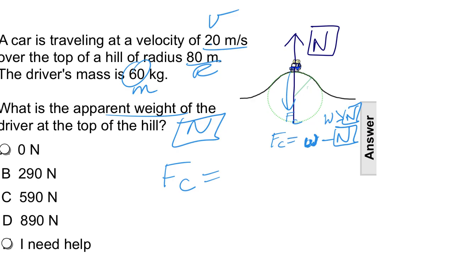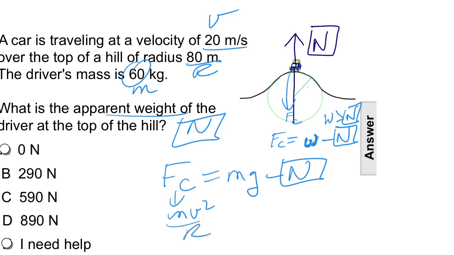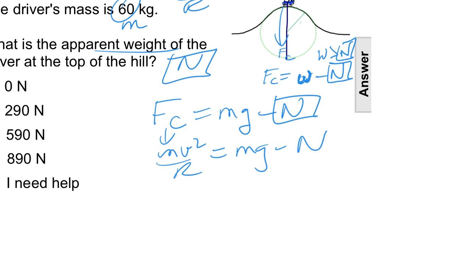Okay, so FC equals mg minus the normal force. I'm looking for the normal force. FC is mv squared over r. So add N to both sides: N equals mg minus mv squared over r.